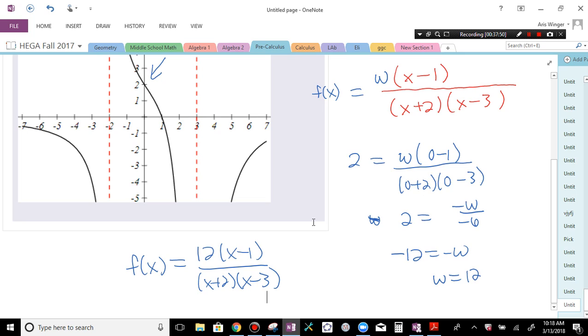Yeah, so x minus 1, x plus 2, x minus 3. Takes care of the whole thing. You plug in 0, you're supposed to get 2. 0 minus 1, 0 plus 2, 0 minus 3.